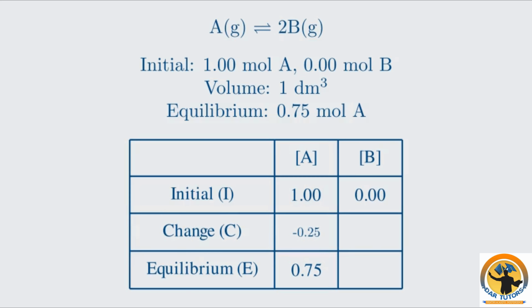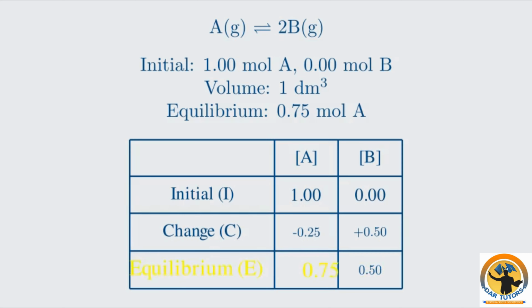So, if we had a change of minus 0.25 moles of A, the change in B must be 2 times that, or plus 0.50 moles. We add plus 0.50 to the change row for B. Then we find the equilibrium amount of B by adding its initial and change values. 0.0 plus 0.50 equals 0.5 moles.